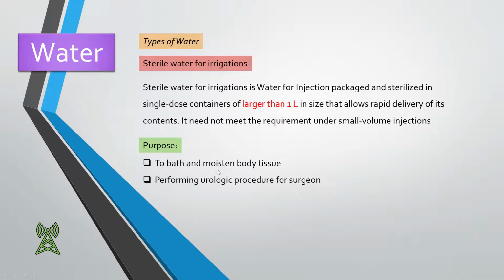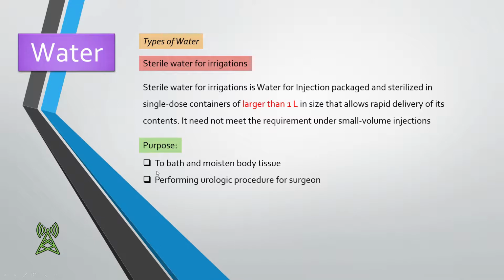Usually patients with injuries come into the hospital, or certain equipment is to be washed, like intratracheal tubes, and all those things are washed with this water for irrigation.